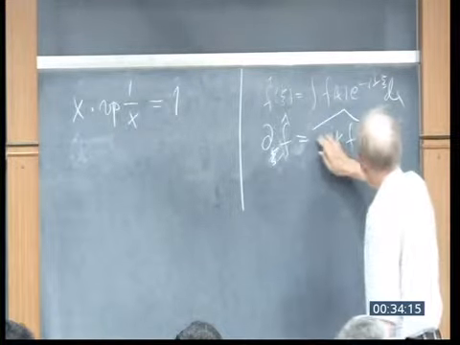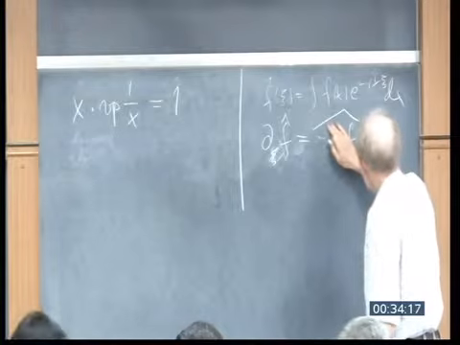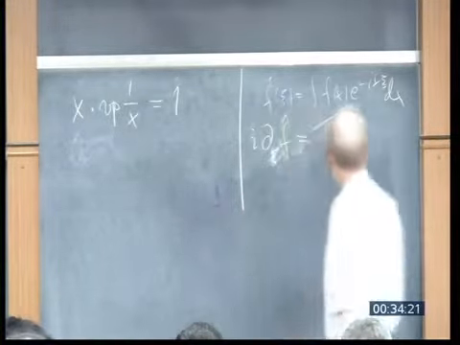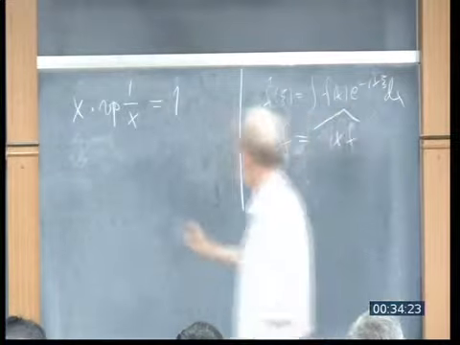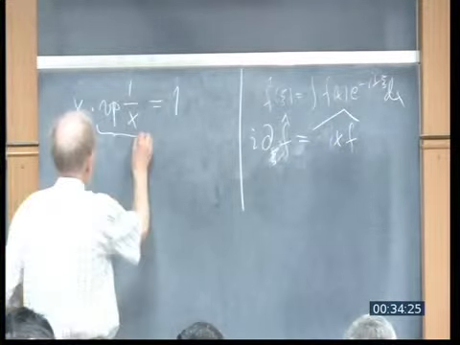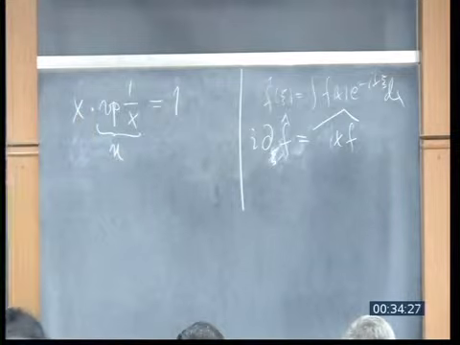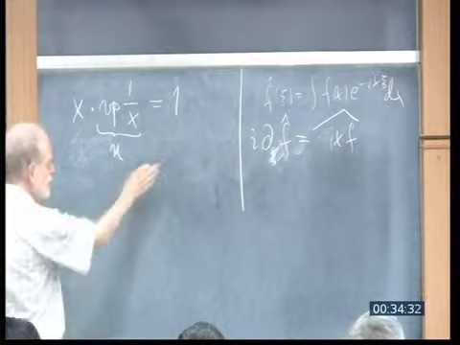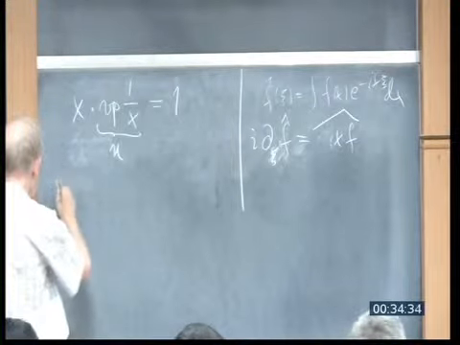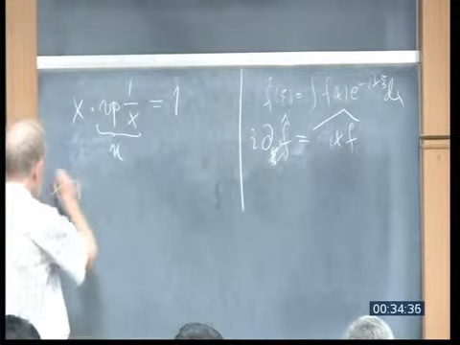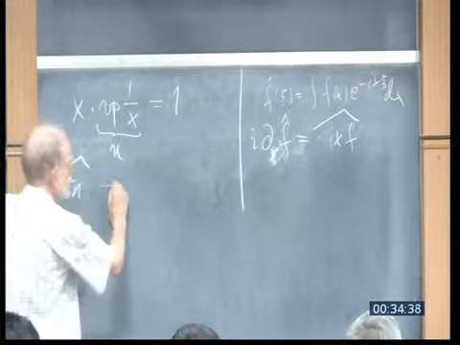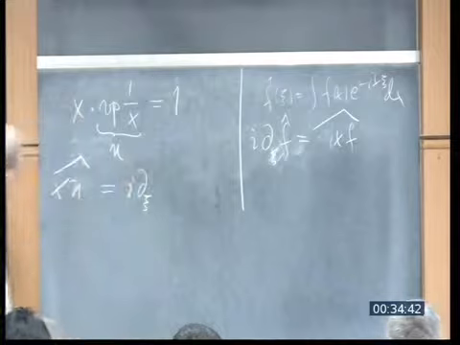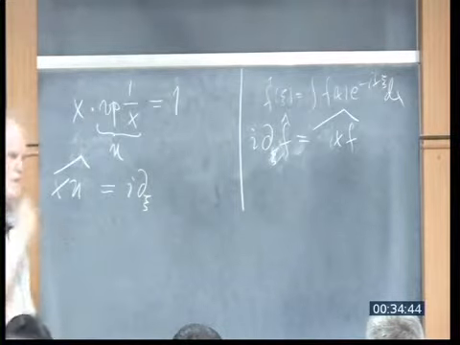So we can put the i here. If I call the distribution u, I get from this that the Fourier transform of x u must be i times the derivative of the Fourier transform of u.